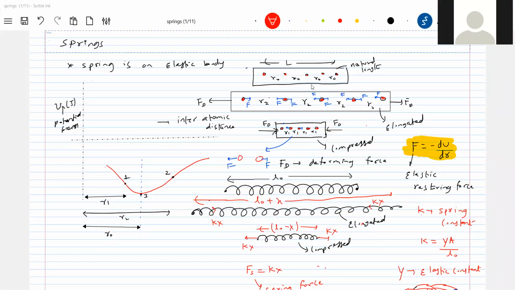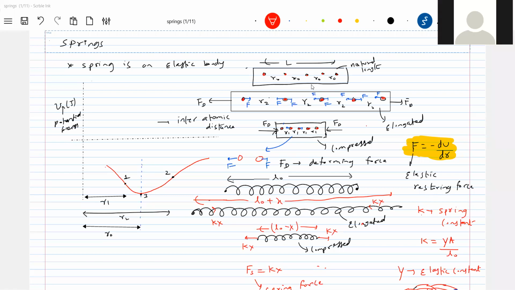Sir, in the rod example, we are elongating the rod. What if we elongate the rod to such a big length that the forces between the molecules aren't effective? I don't know what you are asking.